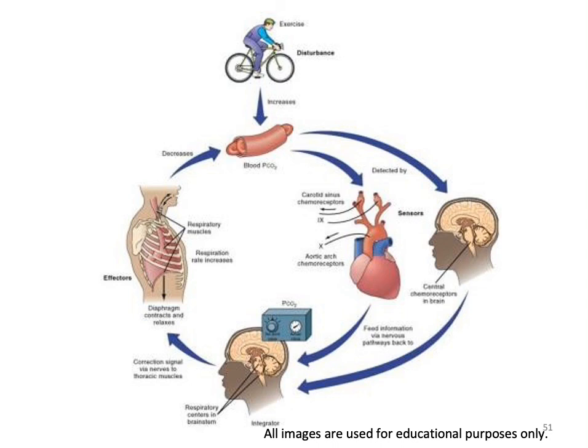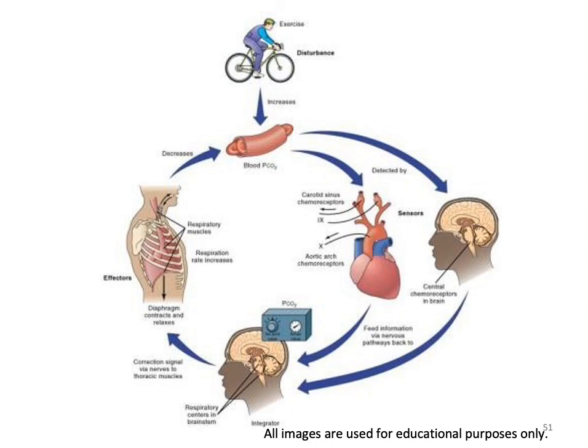The increase in hydrogen ion concentration will be detected by the central chemoreceptors, which are in the medulla, as well as the peripheral chemoreceptors, which are the carotid and aortic bodies.